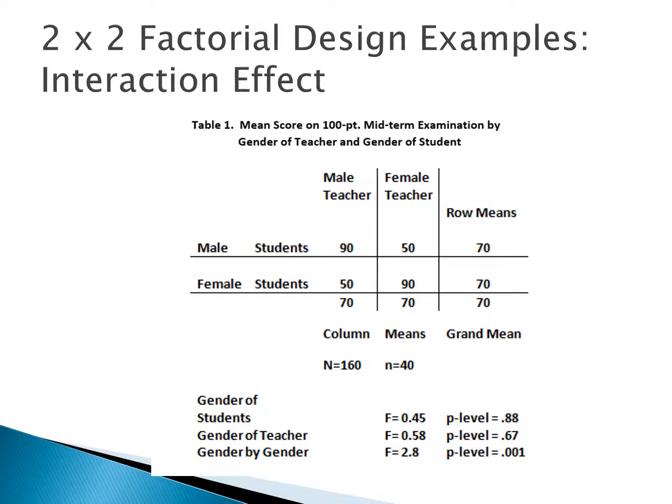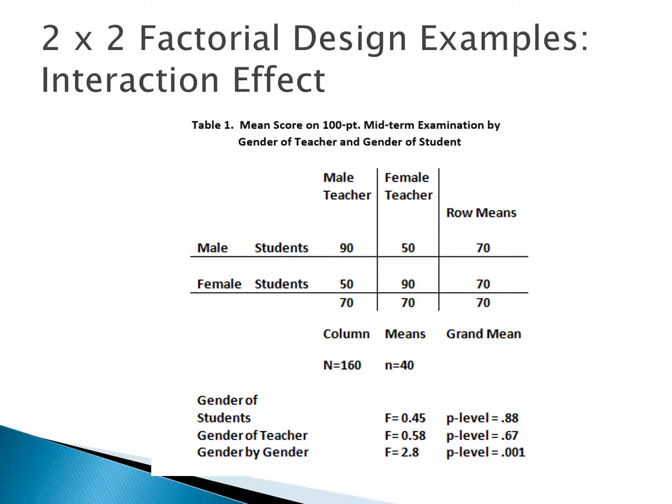And here we have an interaction effect. Gender by gender, .001 and the F equaling 2.8. So what do we see here? That there's an interaction between gender of teacher and gender of students for the overall result on this 100-point midterm exam.